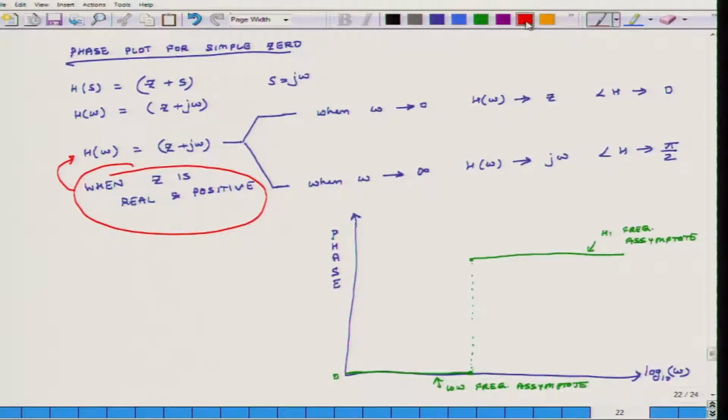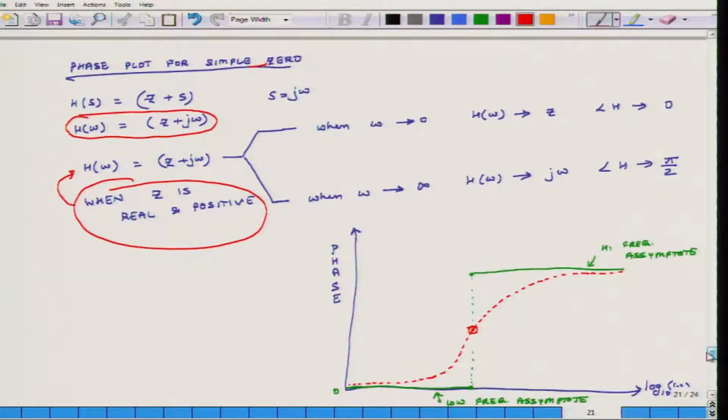If I have to plot the actual response, I have to plot the phase of this function, assuming z is positive. When I plot it, the actual response will look something like this. So, this is the crossover point. So, that is the phase plot for a simple 0.